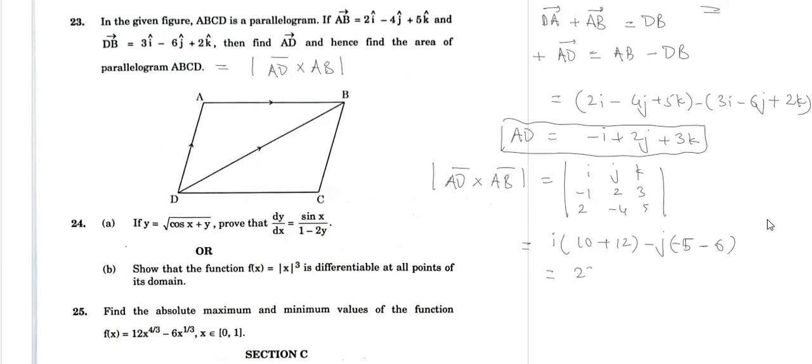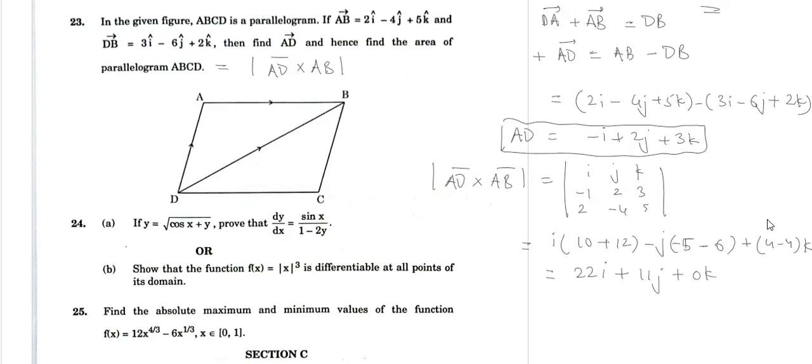Okay, so 22, and K will be 4 minus 4, K. Okay, so 22I plus 11J plus 0K.